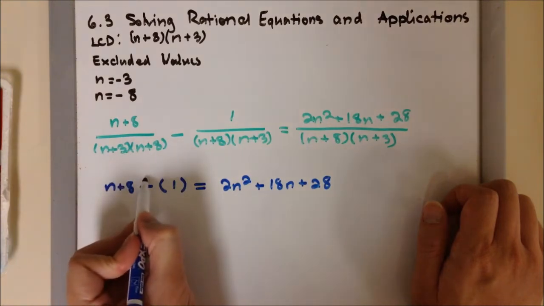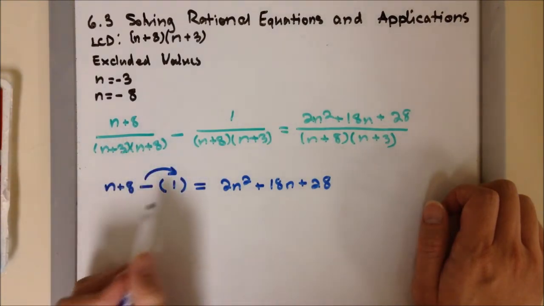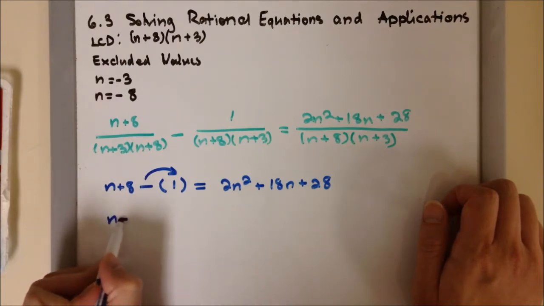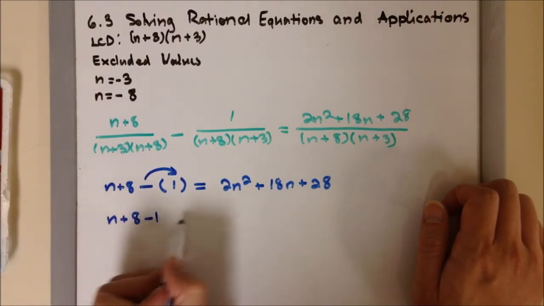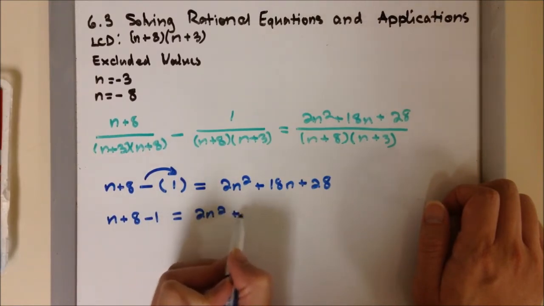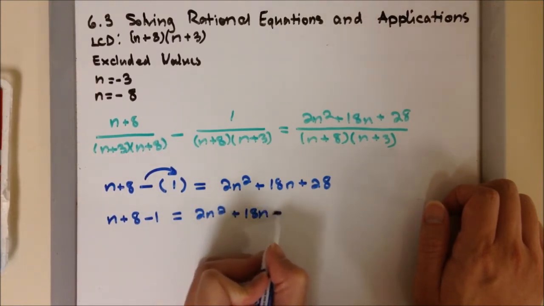So here, I want to distribute the minus to the 1 inside the parentheses. So it's going to be n plus 8 minus 1 equal 2n squared plus 18n plus 28.